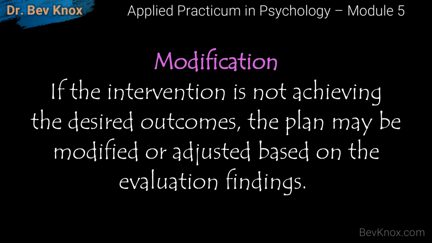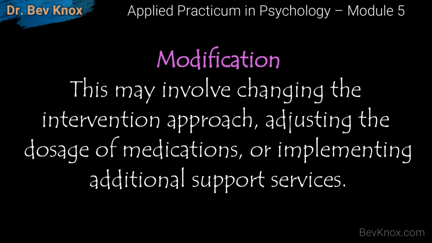Seven, modification. If the intervention is not achieving the desired outcomes, the plan may be modified or adjusted based on the evaluation findings. This may involve changing the intervention approach, adjusting the dosage of medications, or implementing additional support services.